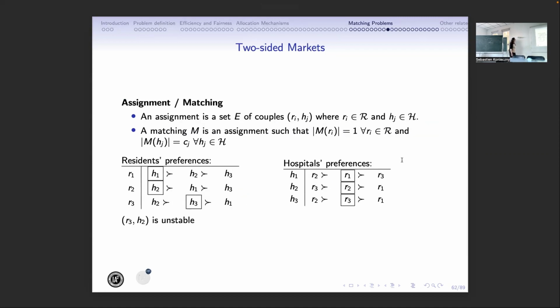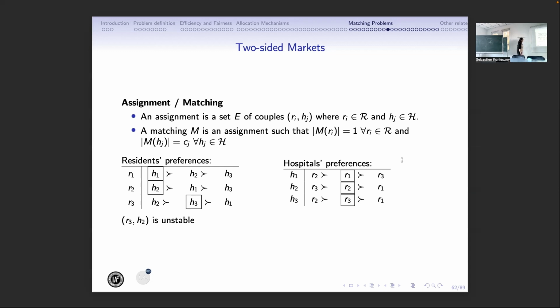So here we have an example. We have the resident preferences. Here I have 3 residents, and I assume that I have 3 hospitals with a capacity of 1 for each hospital. Each resident has strict preferences over the hospitals, and hospitals have strict preferences over the residents.